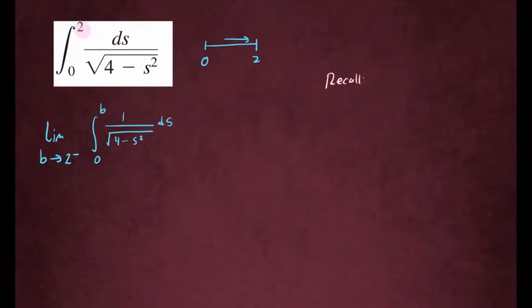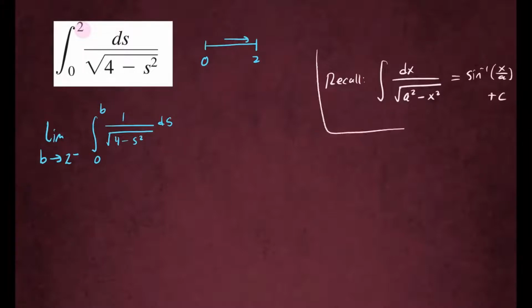Remember from before, we integrated something like this. If you have an integral of 1 over the square root of a squared minus x squared, this is sine inverse of x over a plus c. So that's the sine inverse function that we know from before. A is actually 2, and then this will be sine inverse of s over 2.